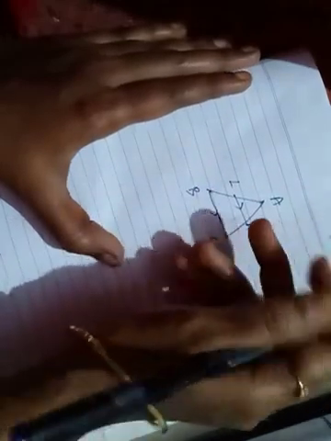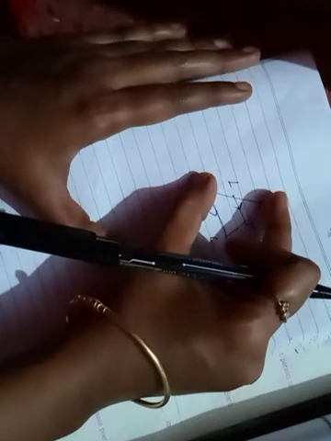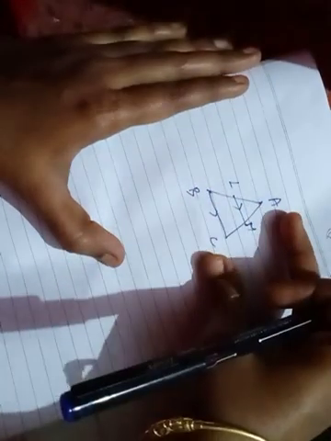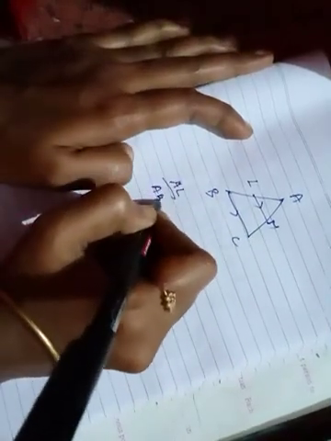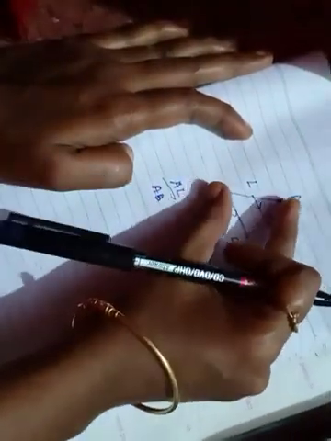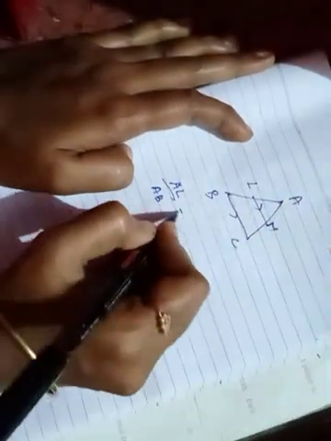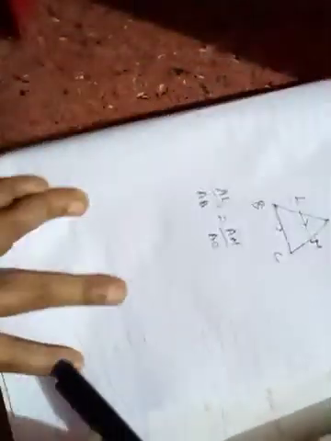By basic proportionality, AL by LB can also be written in the form AL by AB. The half and whole of this part of the triangle will be equal to the half and whole of the other part: AL by AB is equal to AM by AC. In this manner they have written.